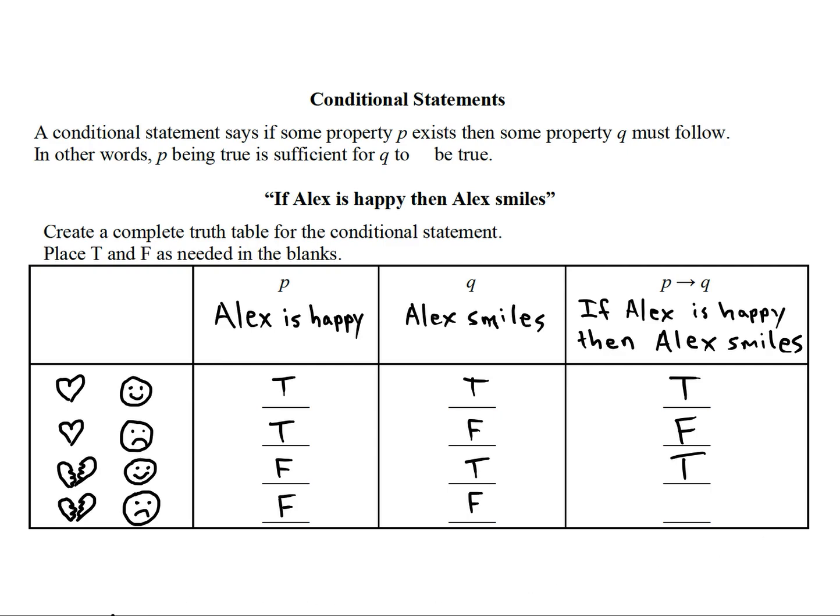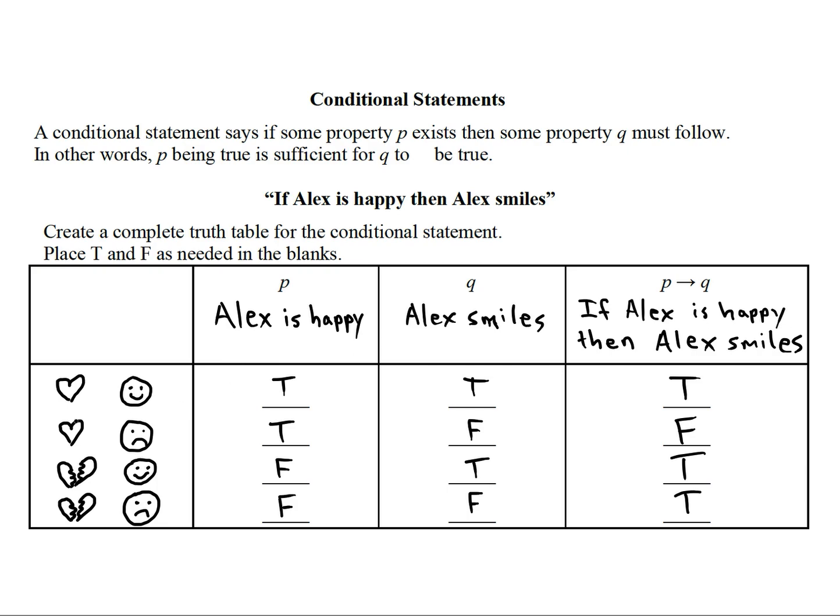And hopefully it's clear that in the fourth row, if we see unhappiness and frowning, that doesn't really pertain to the conditional statement that was made. And so we're going to leave that true as well. So there's only actually one way to disprove a conditional statement.